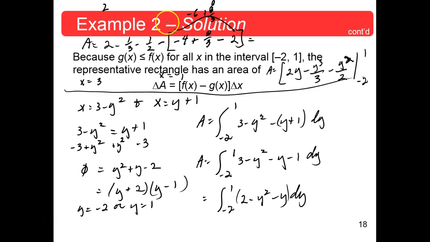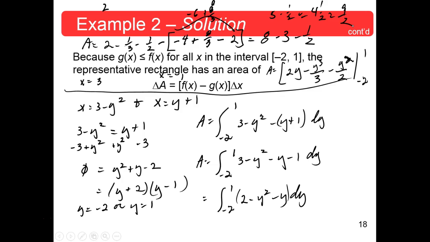But you've got a minus in front of it, so that's going to be a 2 minus a minus 6, which is 8, right? Minus 1/3 minus 8/3 gives us minus 9/3, so that's a minus 3. And then you've got a minus 1/2 left over. So that comes out to 5 minus 1/2, which is 4.5, or 9/2.